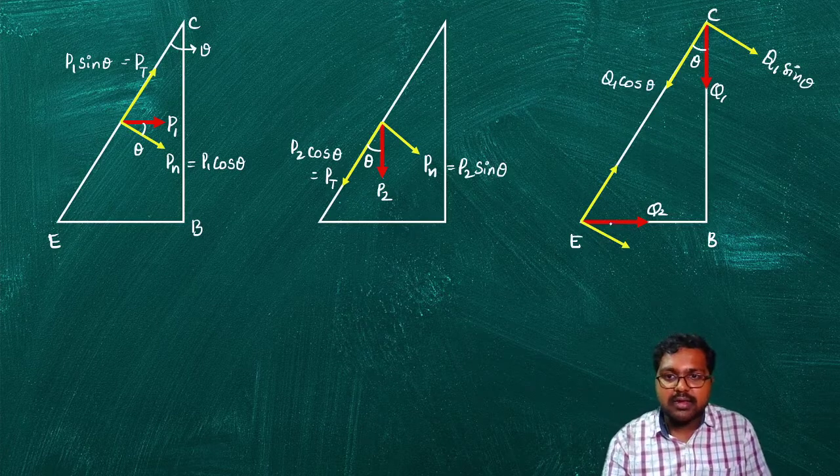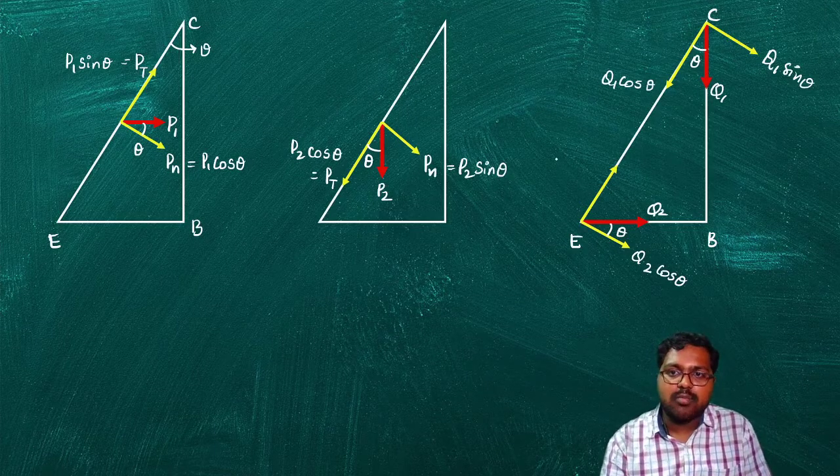In the same manner, this is the angle theta. Here I got the normal component as Q2 cos theta and the tangential component as Q2 sin theta.